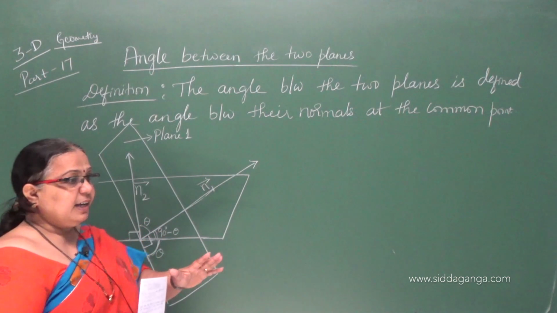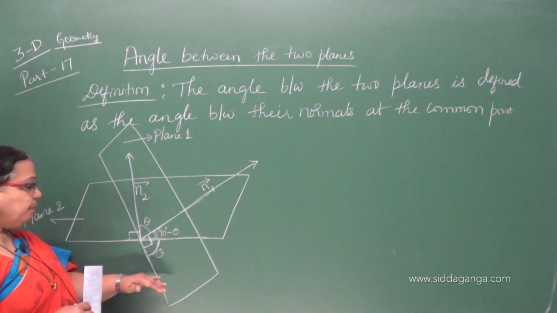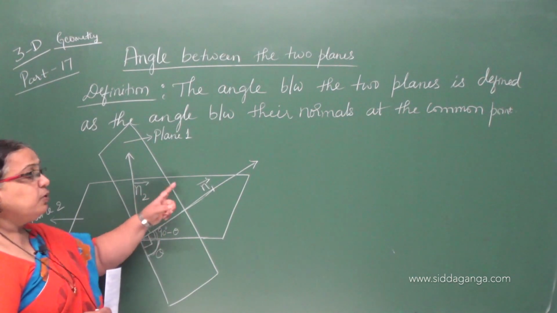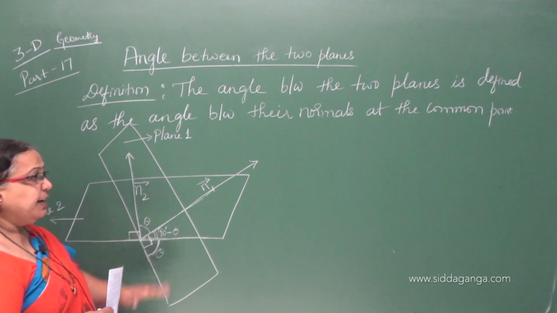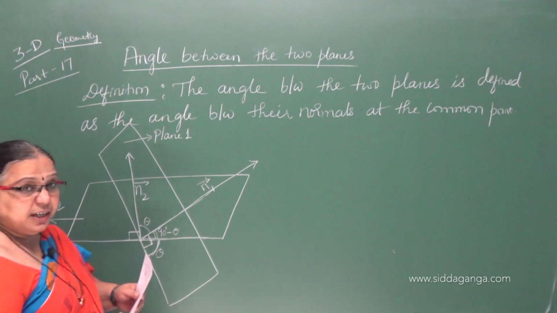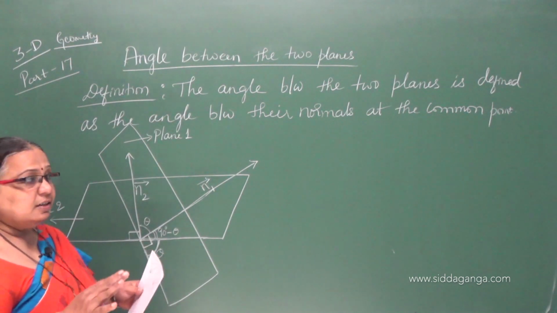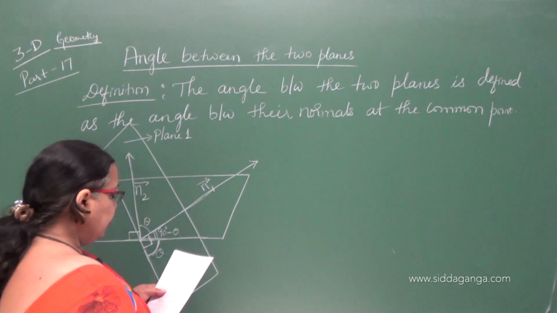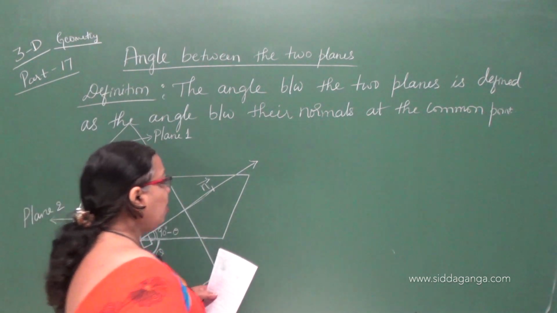So here, the angle between the two planes is given by the angle between the two normals of the planes, which means that we have to consider the two equations of the planes, that is vector r dot.